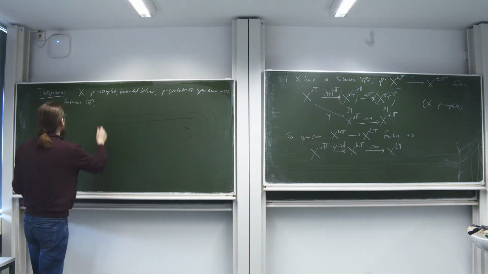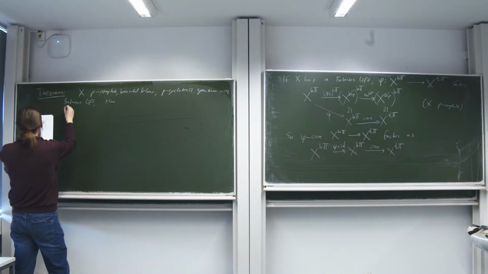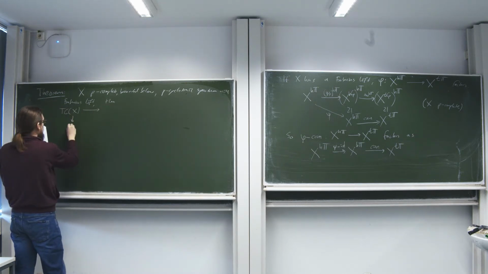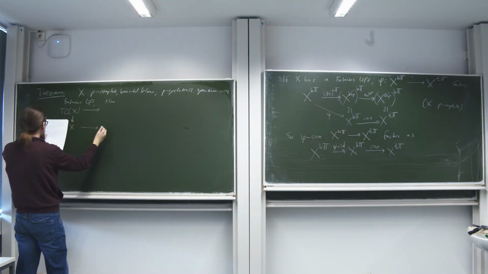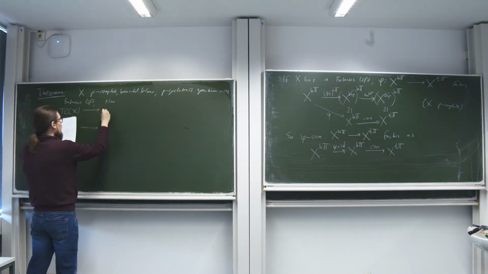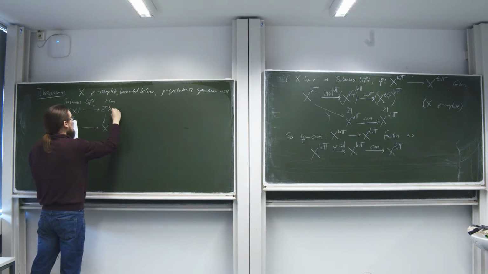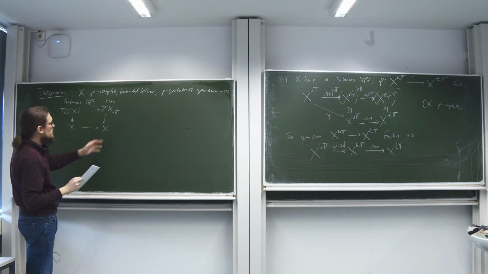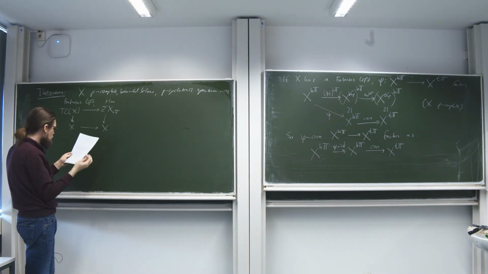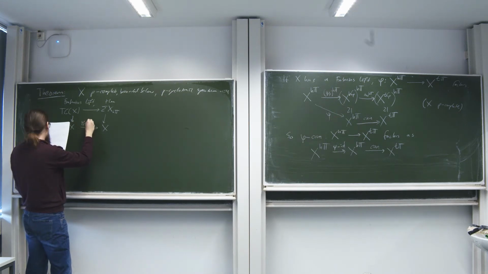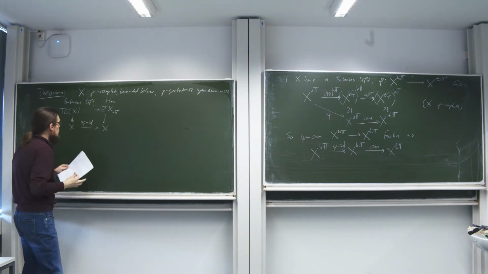Then we have a pullback diagram where we have TC X here. And then, this is the crazy part, we just have two copies of X here and shifted homotopy orbits with respect to the T action on X. And here, this map is psi p minus the identity.